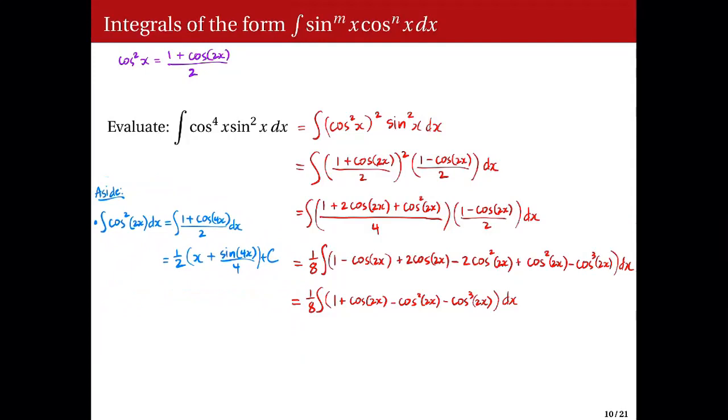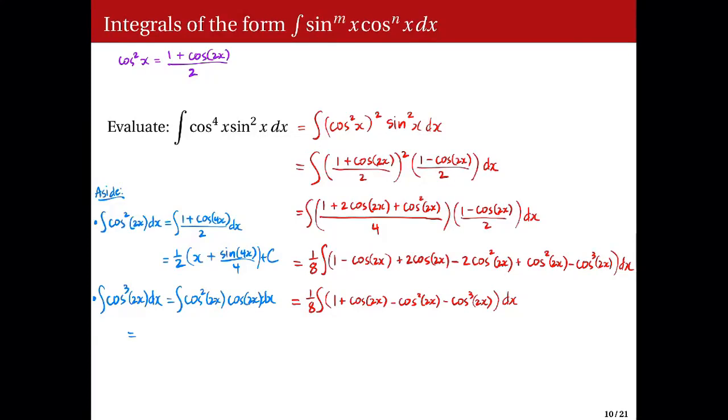For this part, let's work on that. You have the integral of cosine cube 2x dx. You write this as the integral of cosine squared 2x cosine 2x dx.